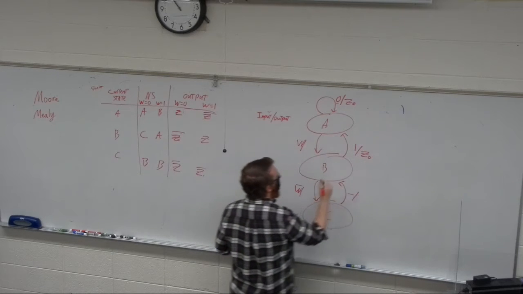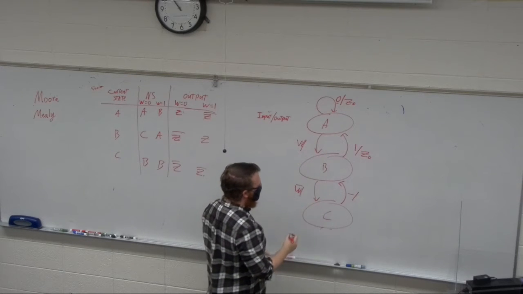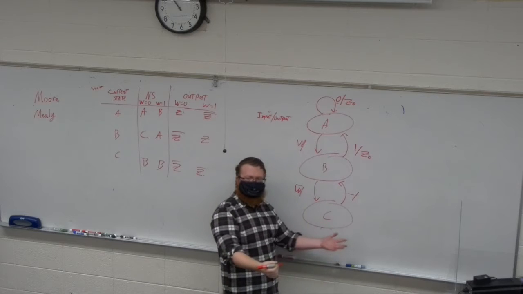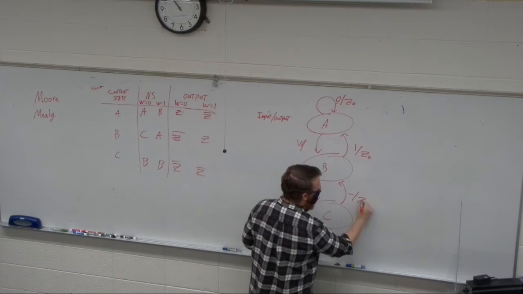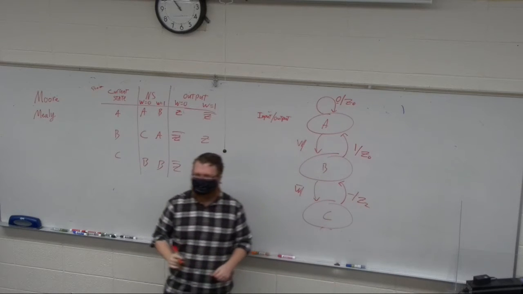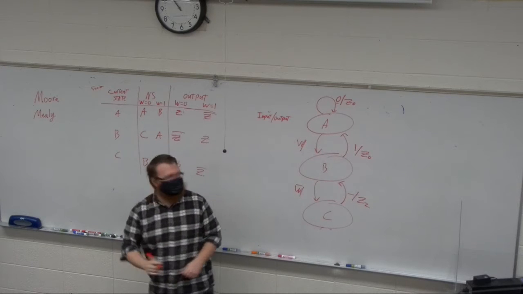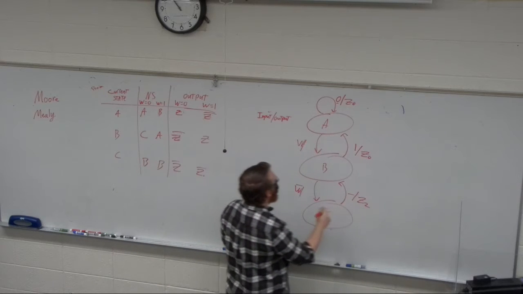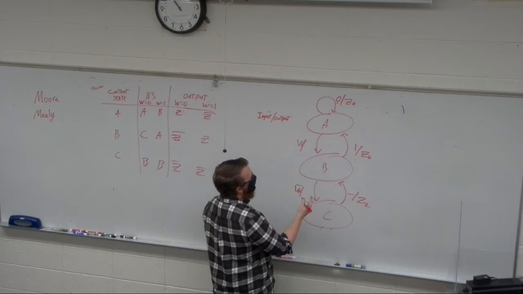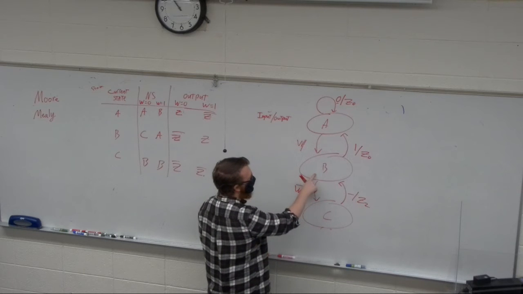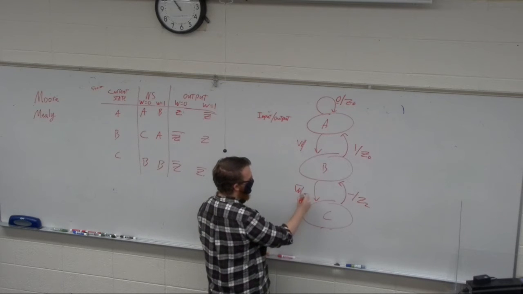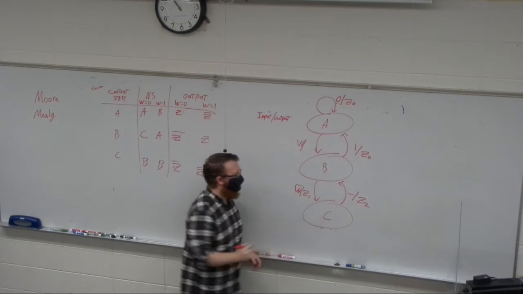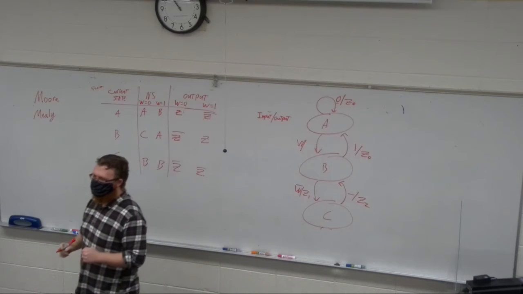So we'll call this Z0, and say that whenever I leave state C, I want to assert Z2. And then say if I ever leave B into C, I'd assert Z1, right? So now I have 3 potential outputs.